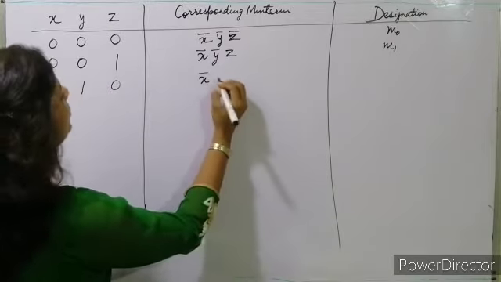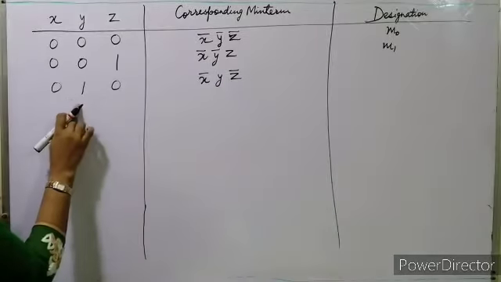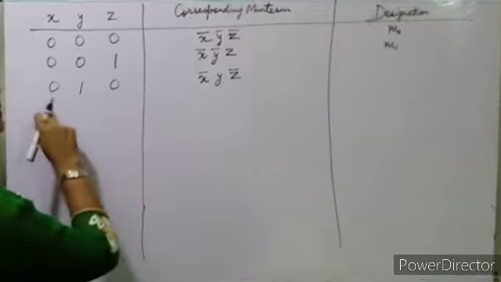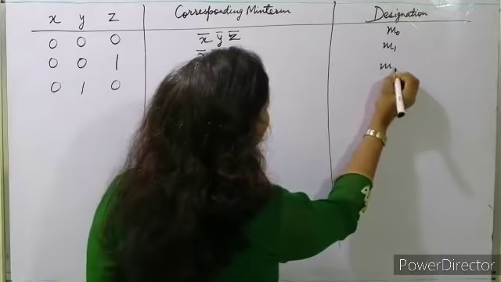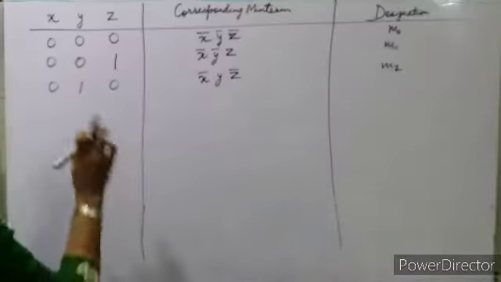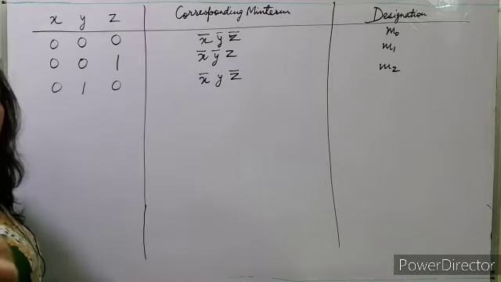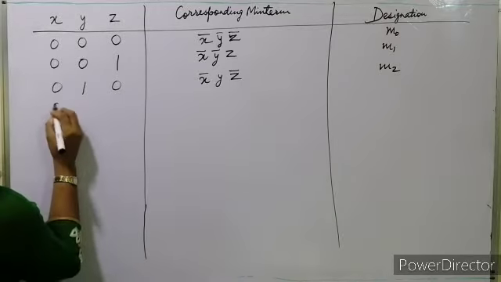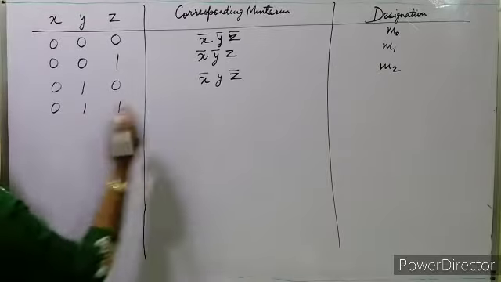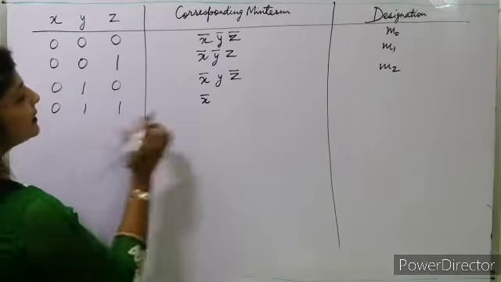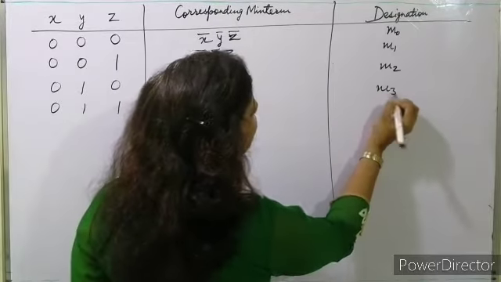So complement of x, y as it is, and complement of z, because y's value is 1. This is m2. Similarly 0 1 1 is 3. Here only the complement of x, and y and z as they are. Then this is m3.